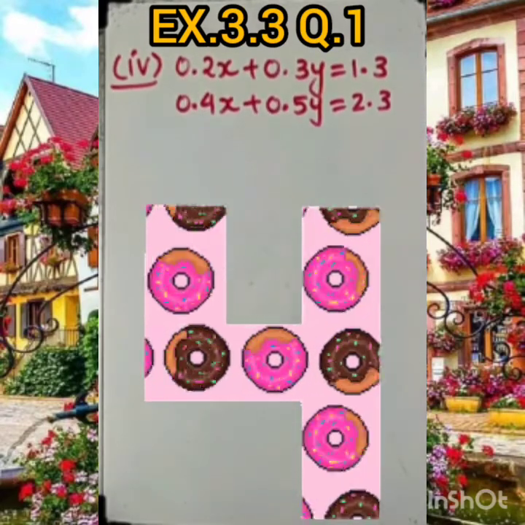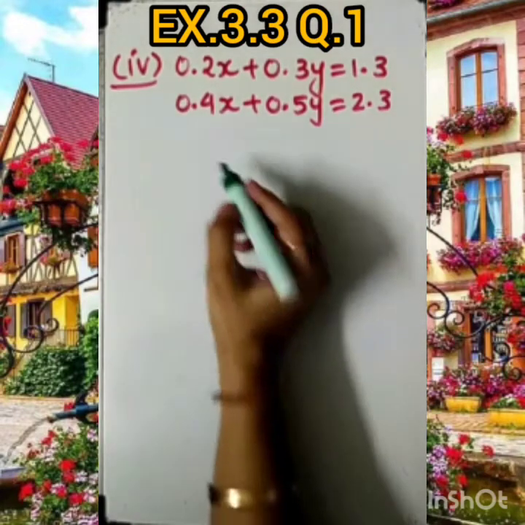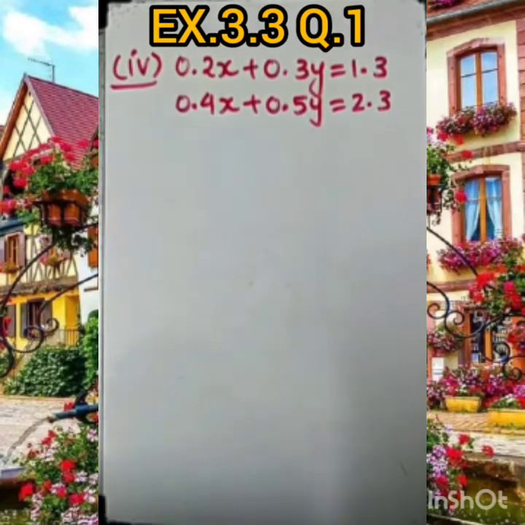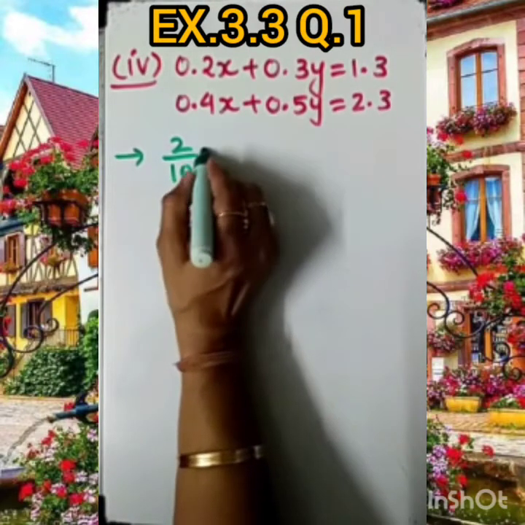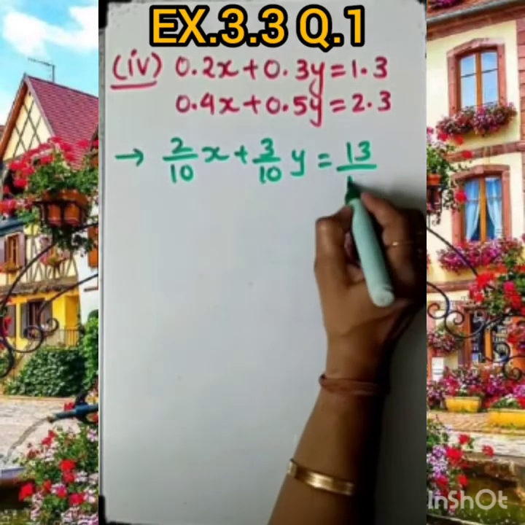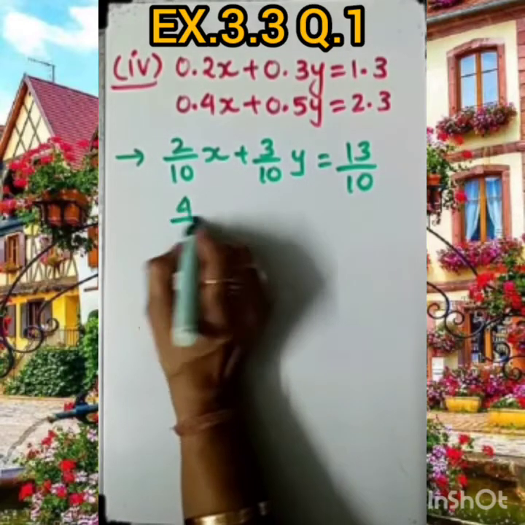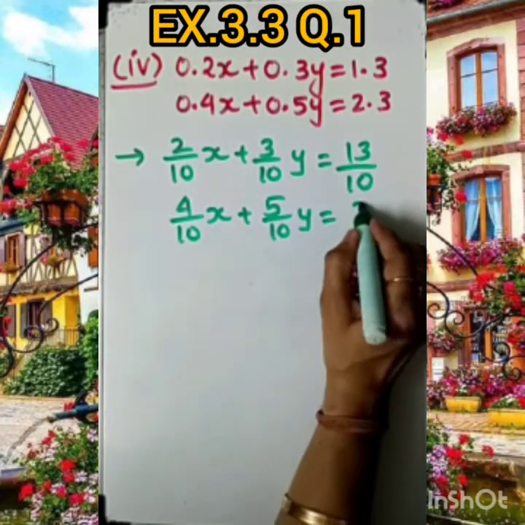So dear student, the fourth one I have written here: 0.2x plus 0.3y equal to 1.3, and 0.4x plus 0.5y equal to 2.3. First of all, let me call these equations 1 and 2. Before that, I need to write it this way. Can I write 0.2 as 2 by 10 x, 3 by 10 y, and this is 13 by 10, and this can be written as 4 by 10 x, 5 by 10 y, and this is 23 by 10.